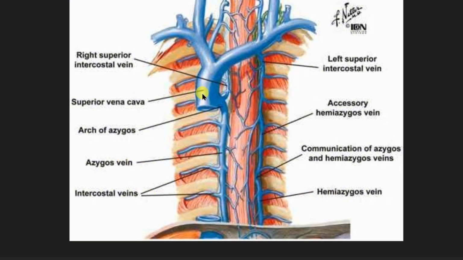You can see here, the superior vena cava. First it forms an arch, then it goes to the azygos vein. The azygos vein gives rise to what? Intercostal veins. And for the hemiazygos vein, first we have the left superior intercostal vein. Next we have the accessory hemiazygos, then the hemiazygos vein, right?